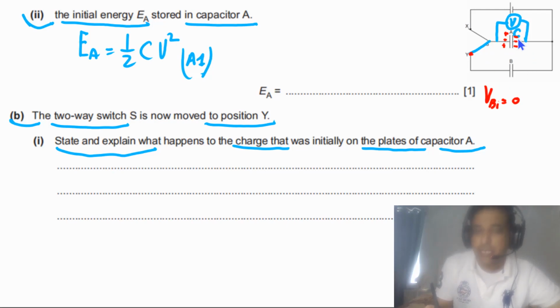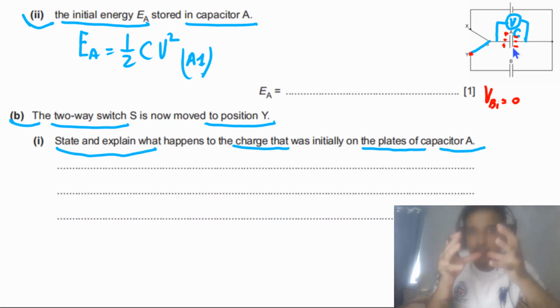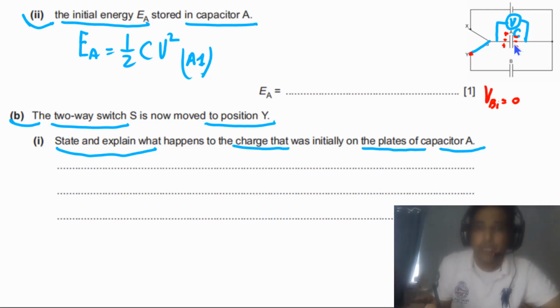Actually, in this case, electrons will flow because there is a net negative charge on this plate. Negative charges repel each other, so they will flow and come to this plate. So this plate will be more negative, and because these electrons repel electrons from here, this plate will be more positive.